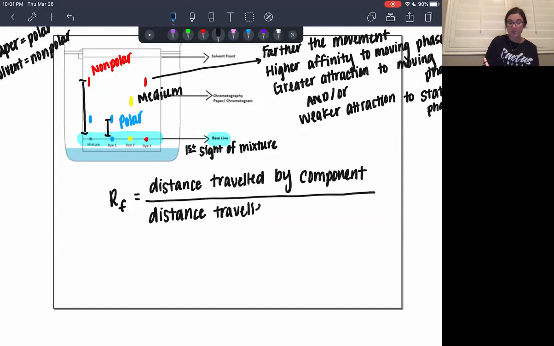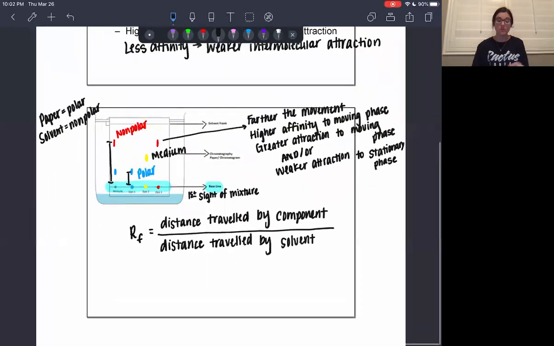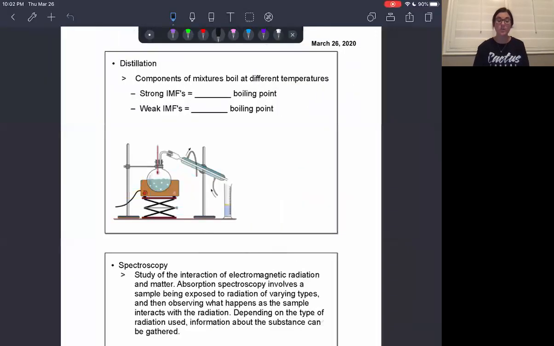My solvent is obviously going to travel the farthest, and then each component is going to travel some distance within that. So I could create a fraction and quantify the factor at which these components travel, and that's called the RF factor, the retardation factor.